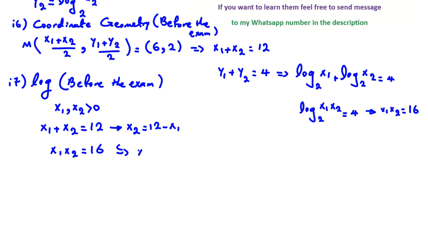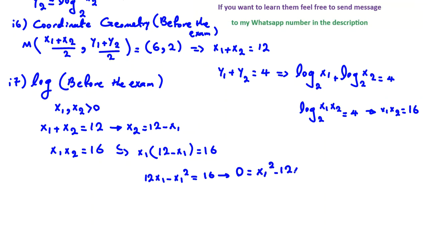You replace it here, it will be x1 times (12 minus x1) equals 16. So 12x1 minus x1 squared equals 16. If you take all things to the right hand side, x1 squared minus 12x1 plus 16 equals 0.